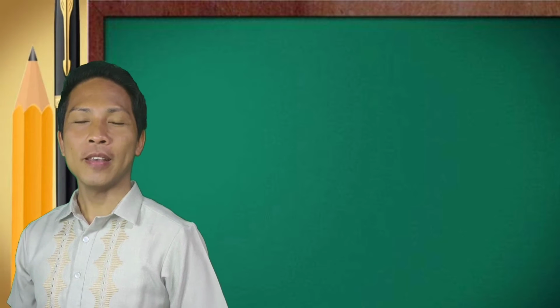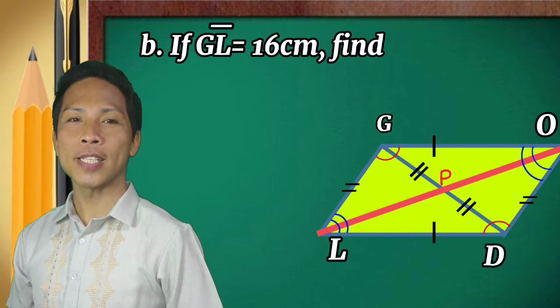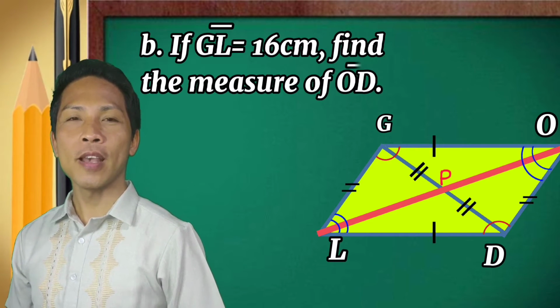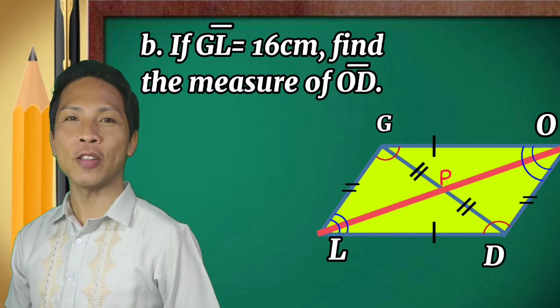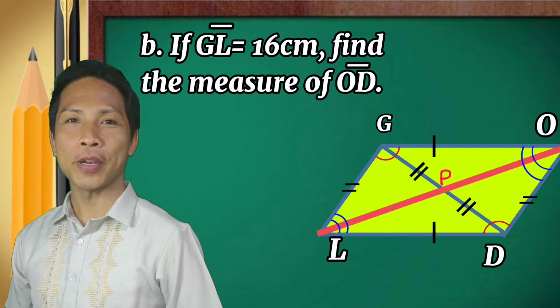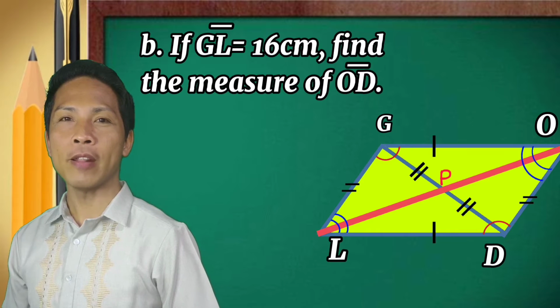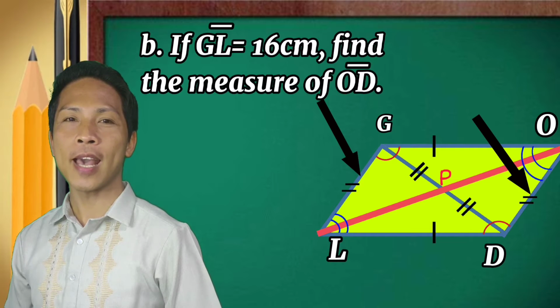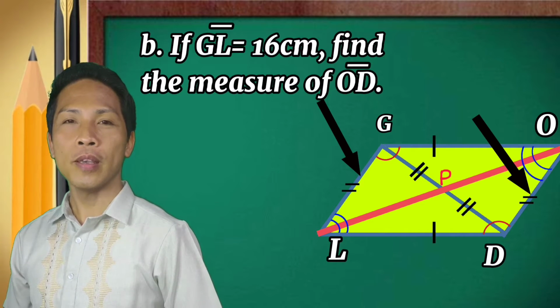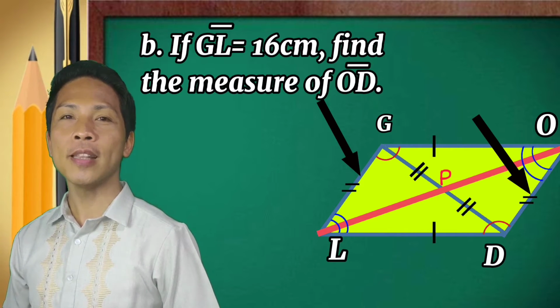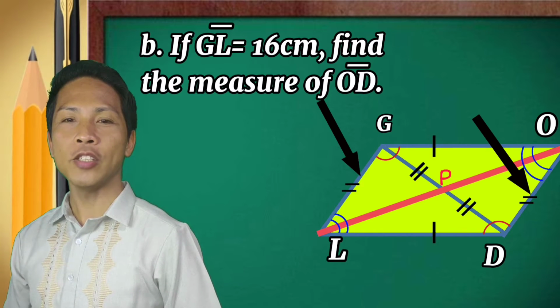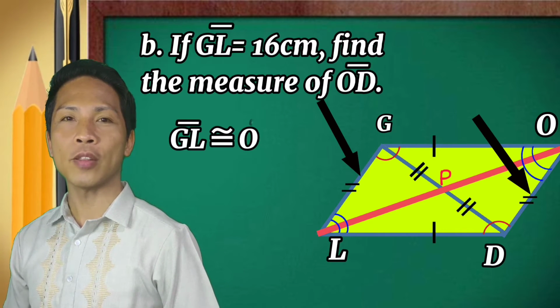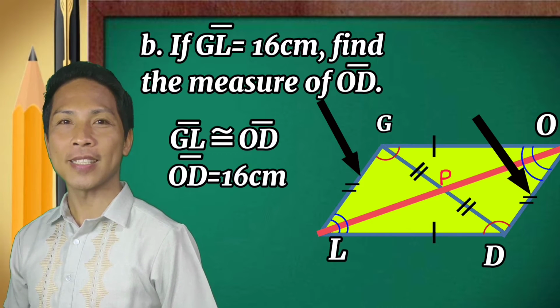Letter B. If side GL equals 16 centimeters, find the measure of side OD. Remember, opposite sides of a parallelogram are congruent. Side GL and side OD are opposite sides. So, if side GL equals 16 centimeters and side GL is congruent to side OD, then side OD equals 16 centimeters.